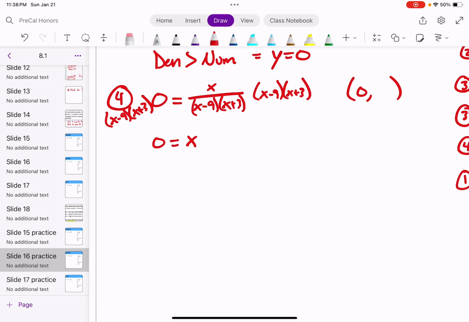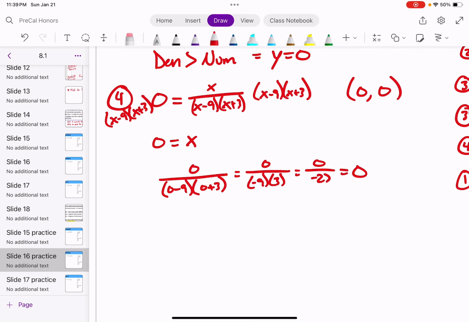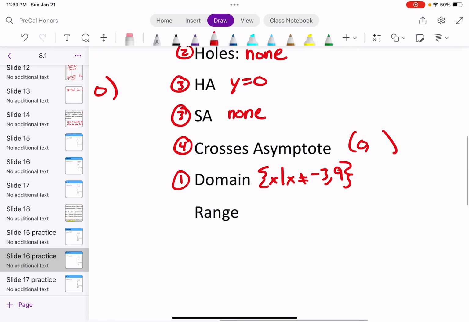So we have 0 over 0 minus 9 and 0 plus 3. That means 0 over -9 and 3, which is 0 over -27, which is 0. So our point is going to cross at 0, 0.